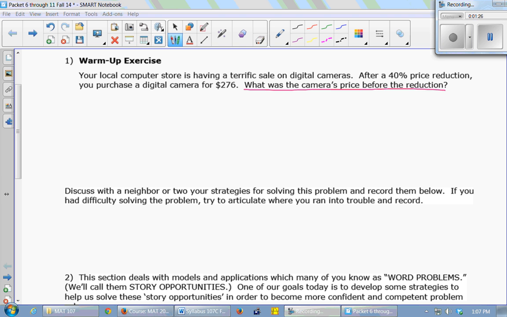That's the question. Use the question to help you define a variable, right? To define your unknown. So we're going to let X be the price of the camera before the sale. Okay.